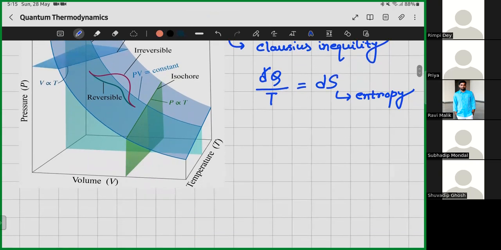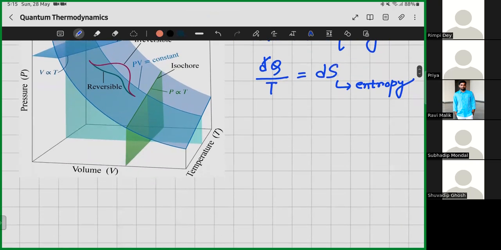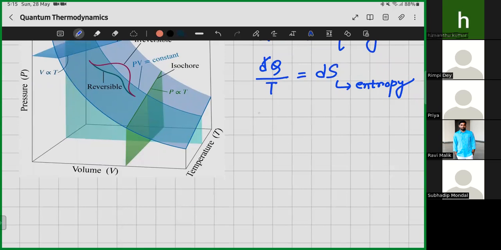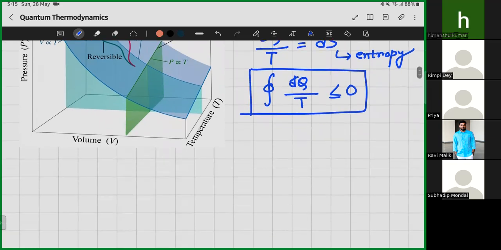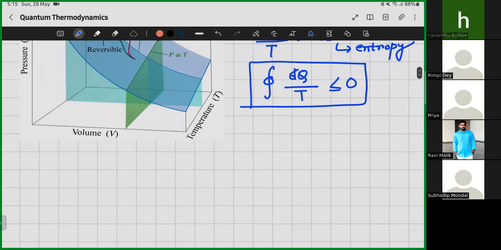Entropy is the state function, and thus we define that these relations should always hold. So this is actually the mathematical version of the second law: for reversible processes the equality holds, and for irreversible processes it should be less than zero.